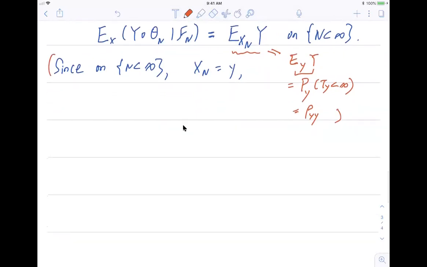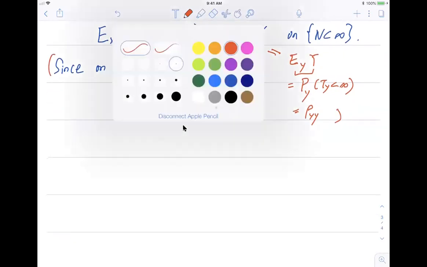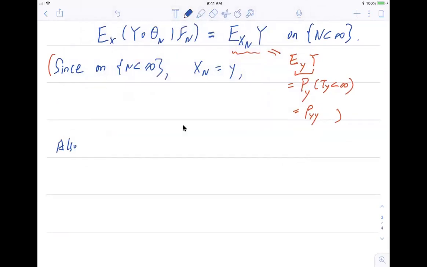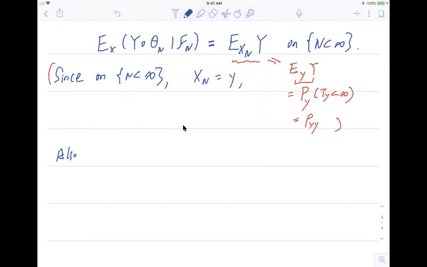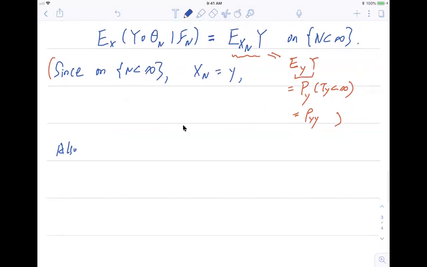Also, for the proof, we have this. This is the left-hand side. What does this mean?